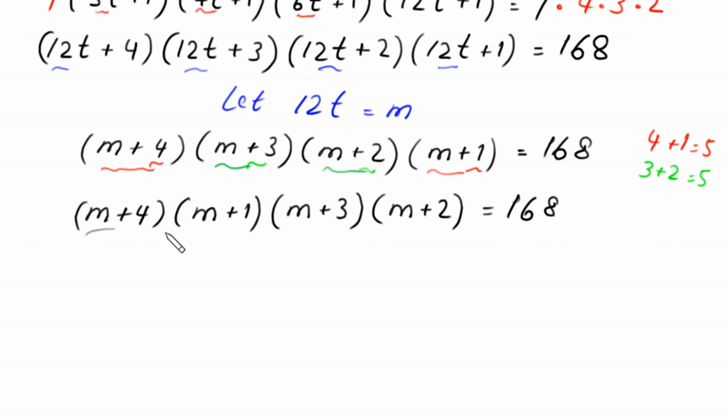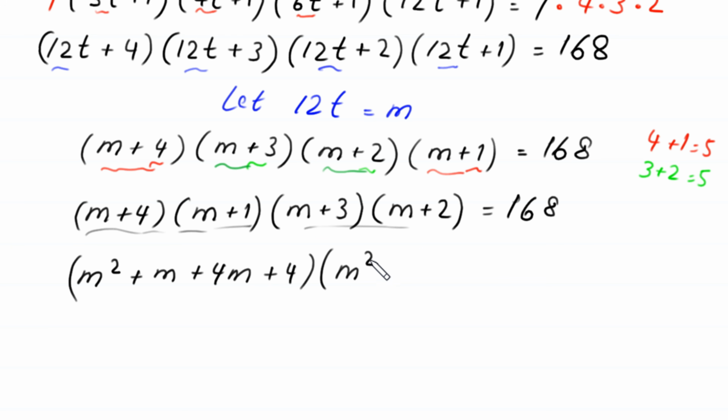Now we multiply these two terms, so m times m will become m squared, m times 1 plus m, and 4 times m plus 4m, 4 times 1 plus 4, times we multiply these two terms 3 m times m, m squared, m times 2 plus 2m, and 3 times m plus 3m, and 3 times 2 plus 6 is equal to 168.